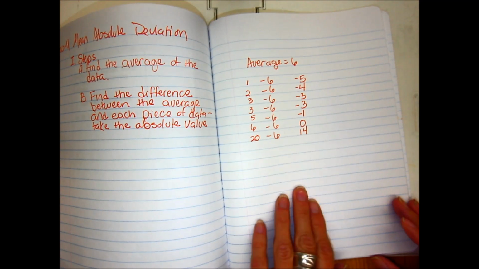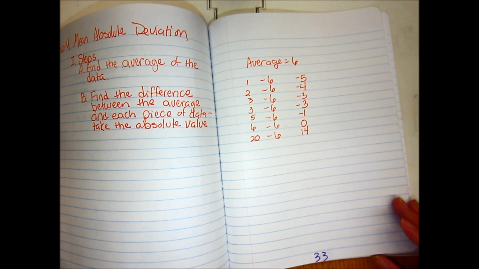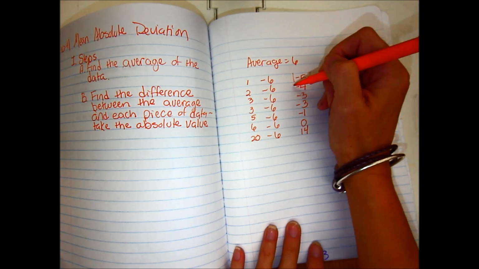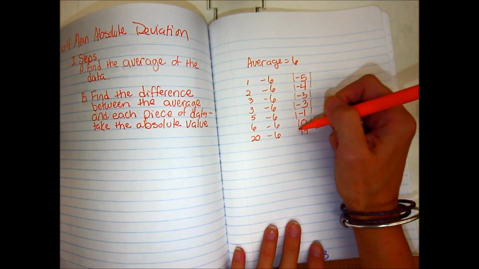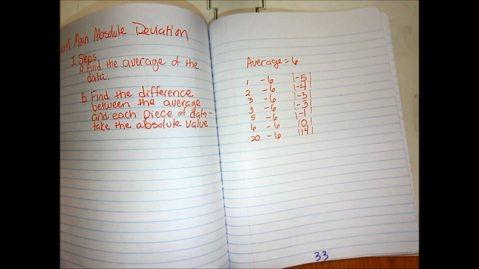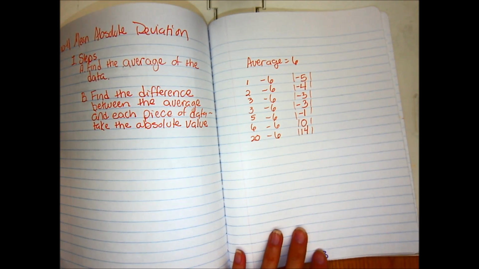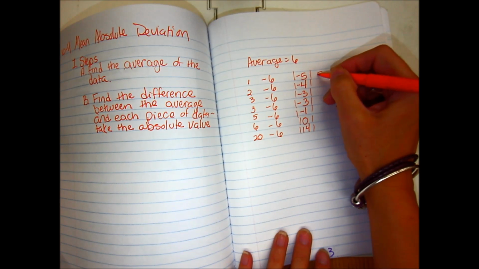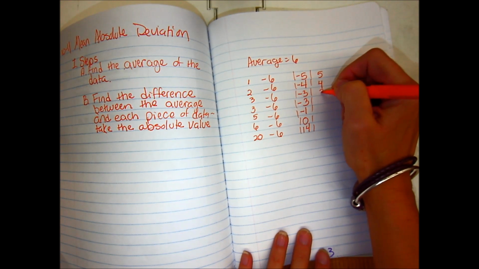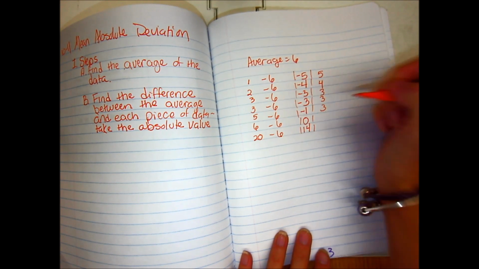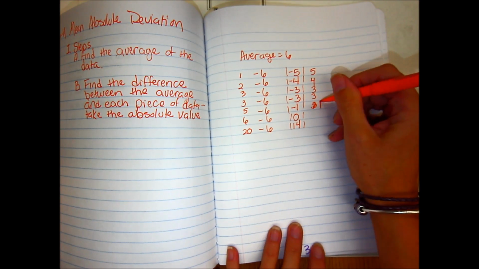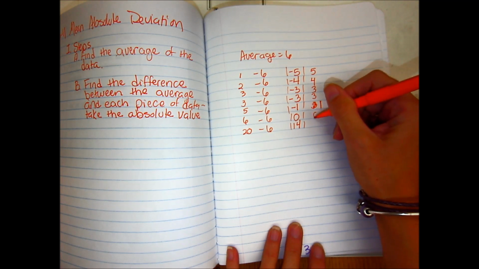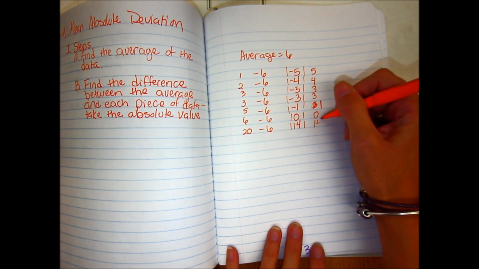So I've found the differences, but then I also want the absolute value of each of those differences. I want to know how far away each of those is from 6. So I get 5 and 4 and 3 and 3 and 1, and then I get 0 and 14.